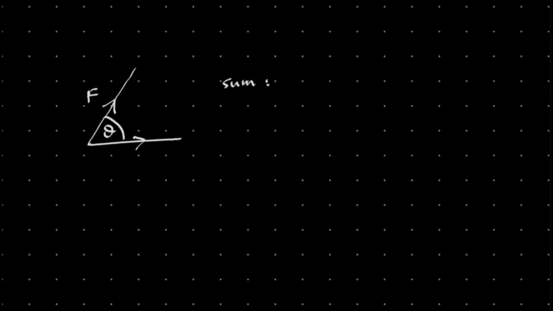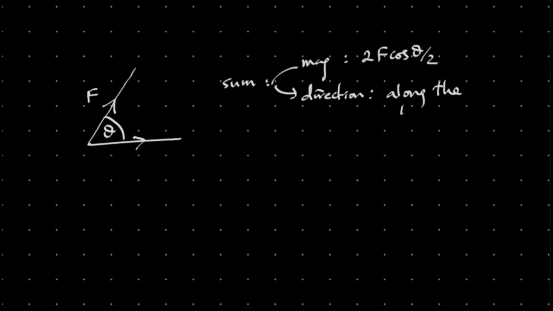So the sum of the two vectors would have a magnitude of 2F cosine half of the angle, and its direction would be along the bisector of the angle, so exactly in the middle.